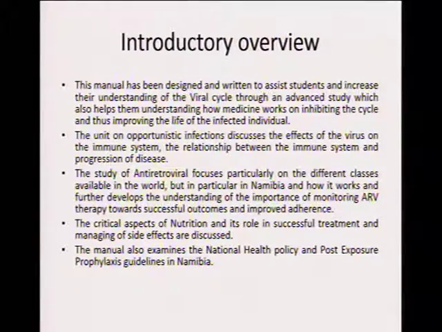The study of antiretroviral focuses particularly on the different classes available in the world, but in particular in Namibia, and how it works, and further develops the understanding of the importance of monitoring ARV therapy towards successful outcomes and improved adherence. The critical aspects of nutrition and its role in successful treatment and managing of side effects are discussed. The manual also examines the national health policy and exposure and post-exposure prophylaxis guidelines in Namibia.